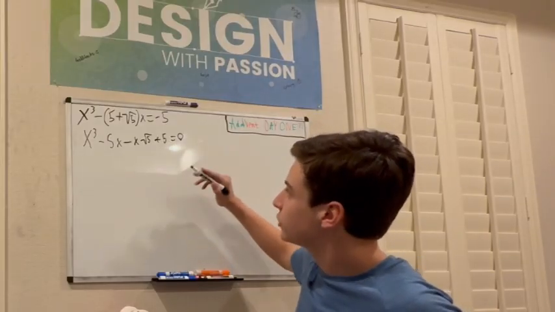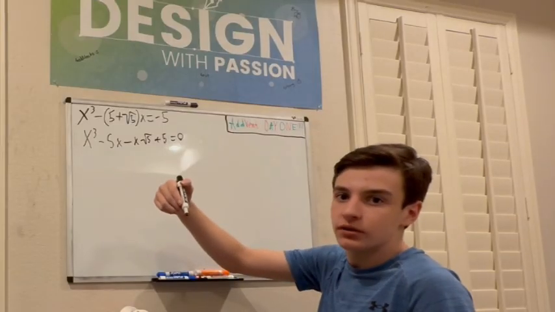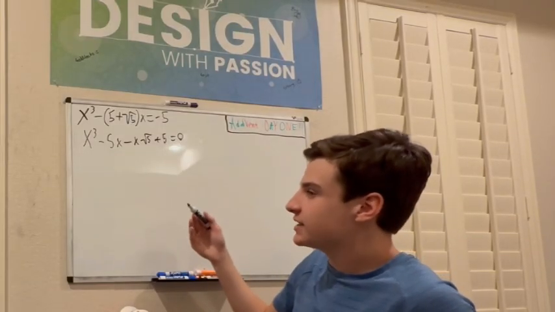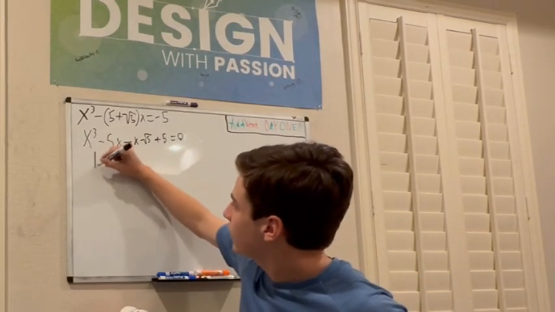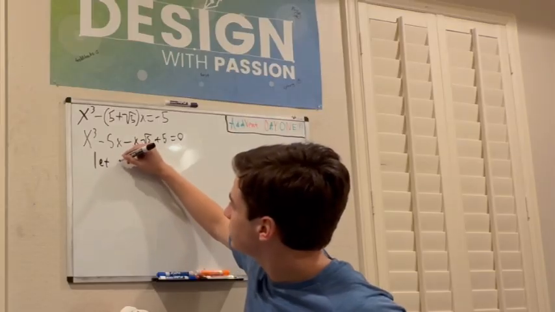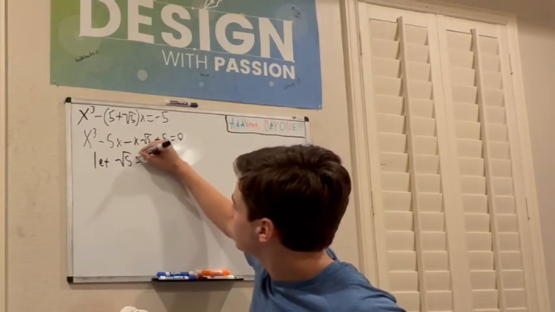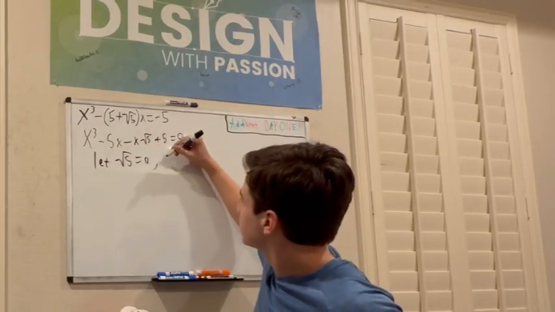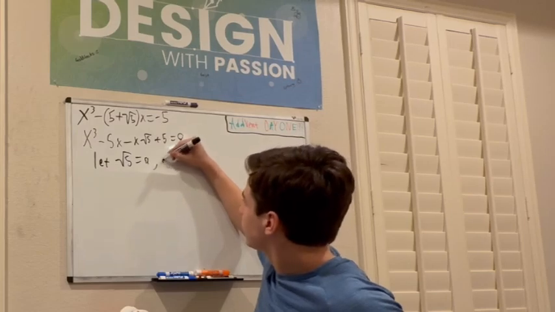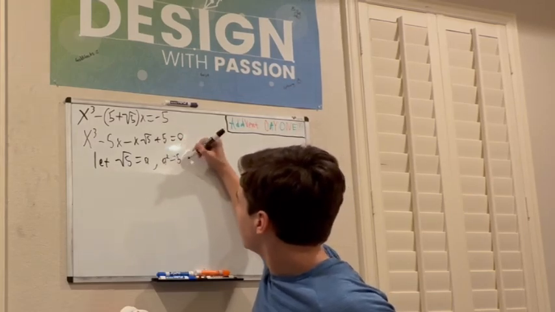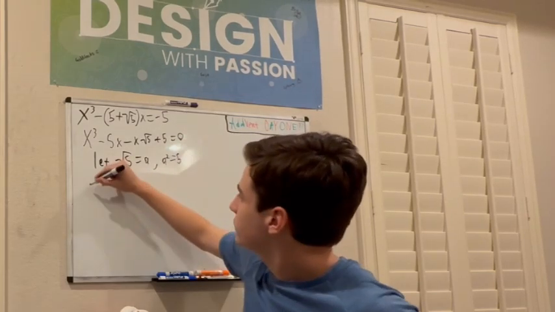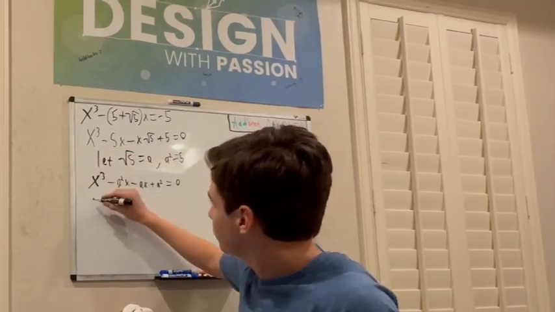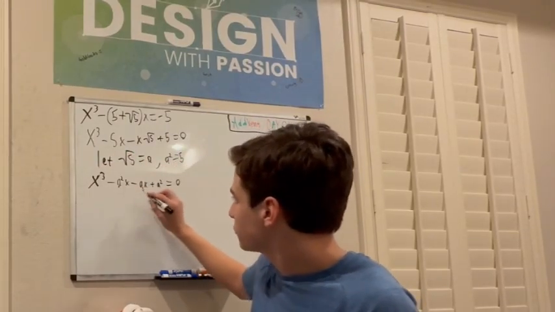There's factoring potential there, but for the sake of visualizing what should happen next and keeping things neat, we're going to make a substitution, and we're going to let the square root of 5 be equal to a, or in other words, a squared is equal to 5. Right? So now we see 2 naturally factorable terms.